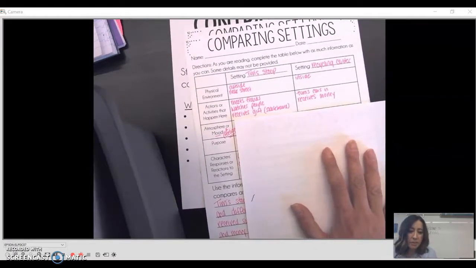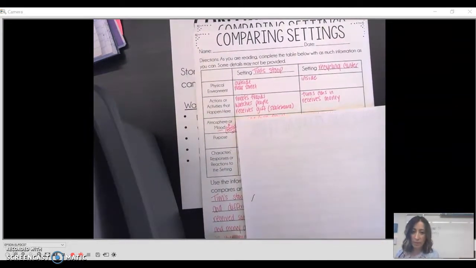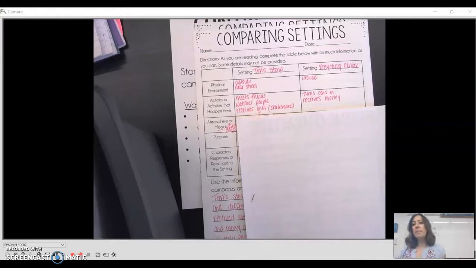Next was the atmosphere or the mood, the feeling that we get from that particular setting. So when I thought about Tim's stoop, there's a variety of feelings that I get. One, when his friend arrives and starts talking about skateboarding, and Tim mentions, well, it's not really fun because I have to borrow your brother's stuff. To me, the mood turns sad right there.